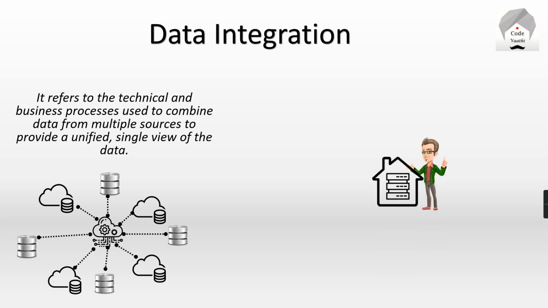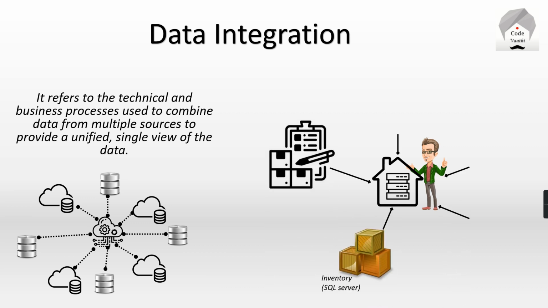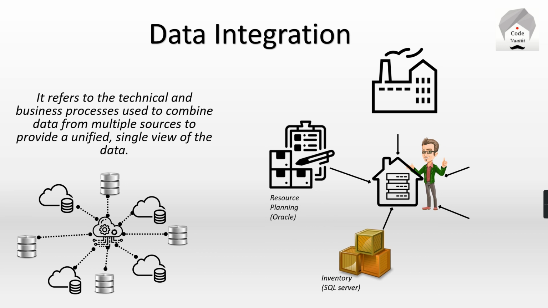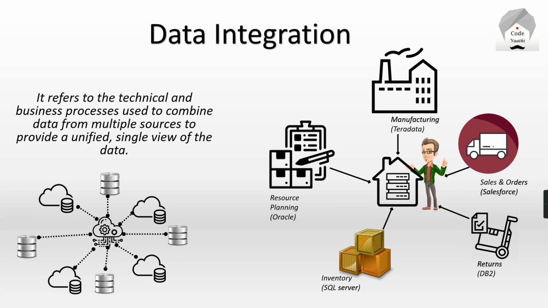Let's see an example. For example, we have a manufacturing enterprise which involves multiple departments and multiple sources. So, for example, it has inventory details stored in a SQL Server, and resource planning details stored in an Oracle server, and manufacturing details stored in Teradata, and sales and orders details stored in Salesforce, and return related details in a DB2 server.